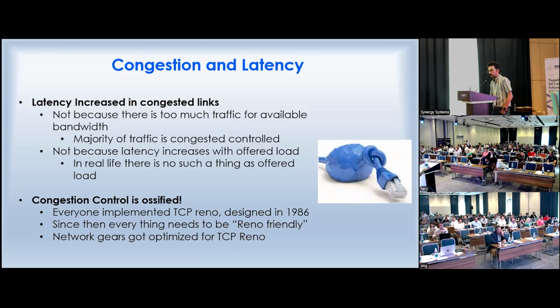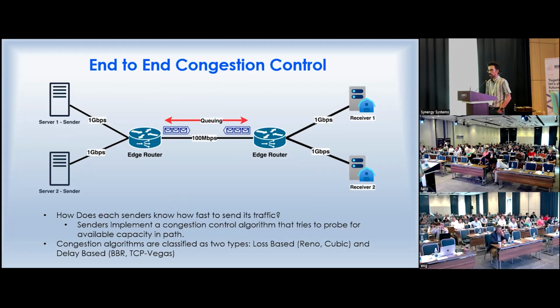But let me present our view of the problem and our approach. This diagram shows the end-to-end congestion control. As you can see, there are two servers, two edge routers, two receivers. How does each sender know how fast the traffic should be?